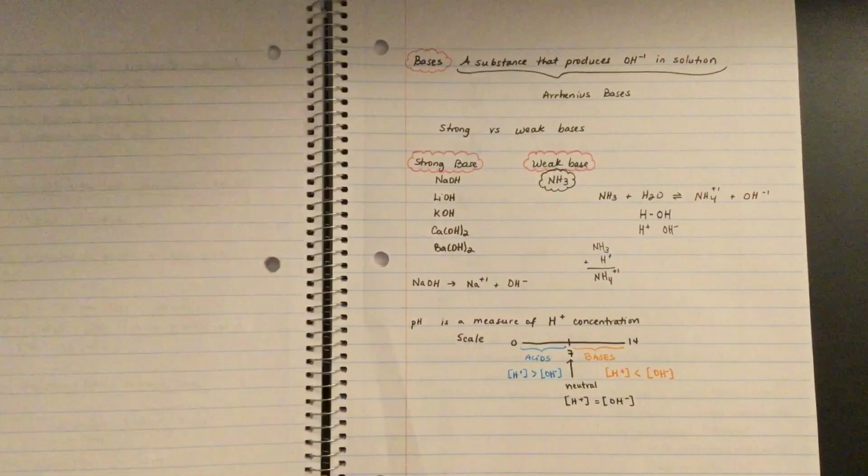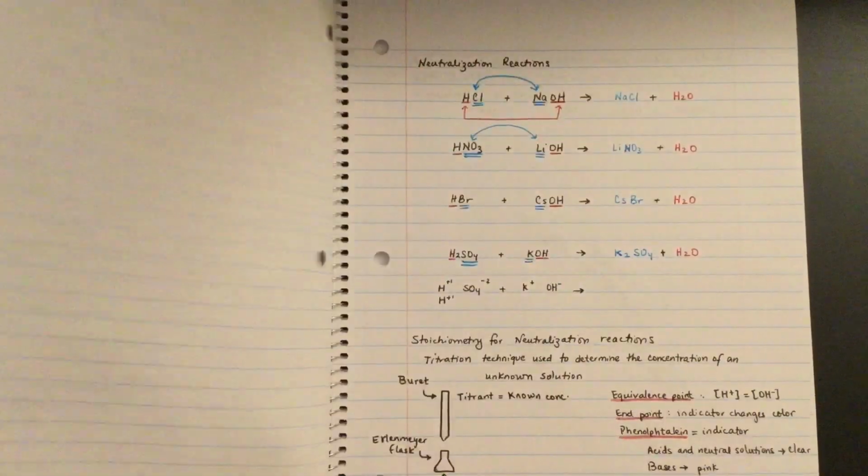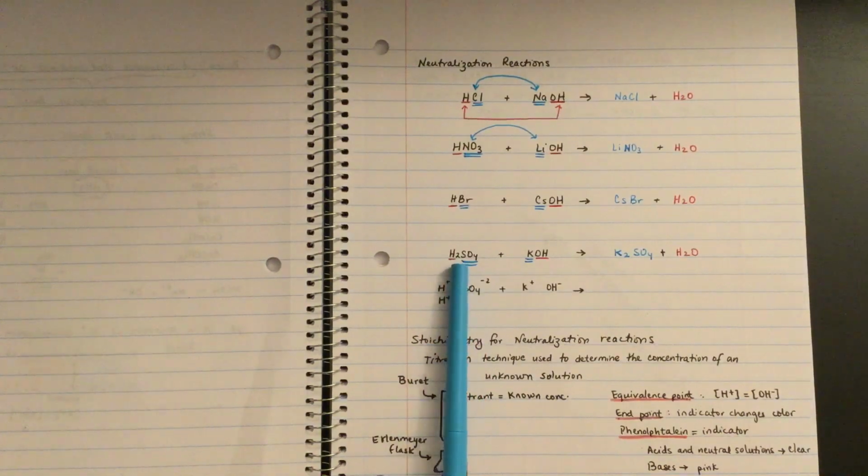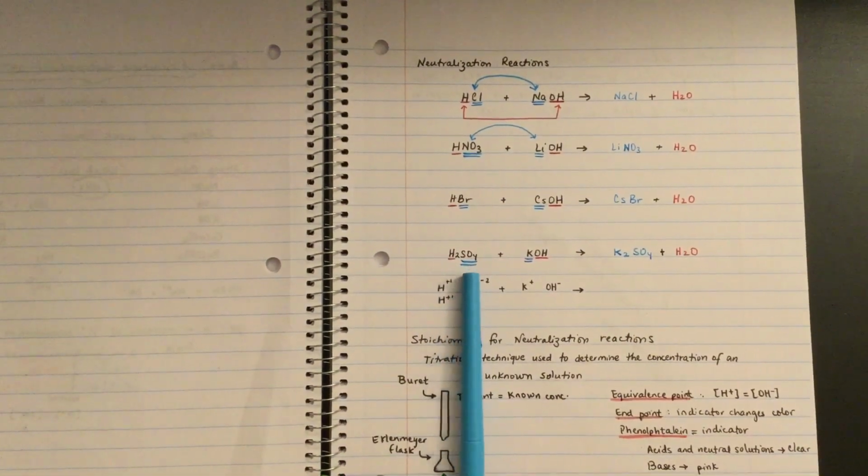So going back to my reaction here. To get the products of the reaction, you're combining the positive with the negatives. So my positive is still H. You have 2 protons because sulfate is -2 and each hydrogen ion has a charge of +1.